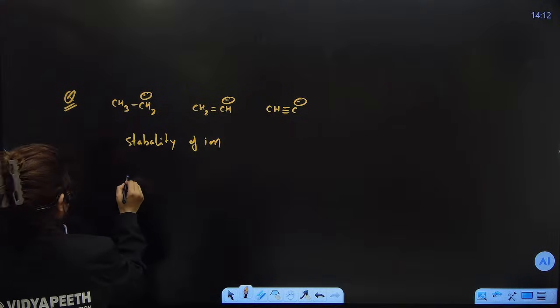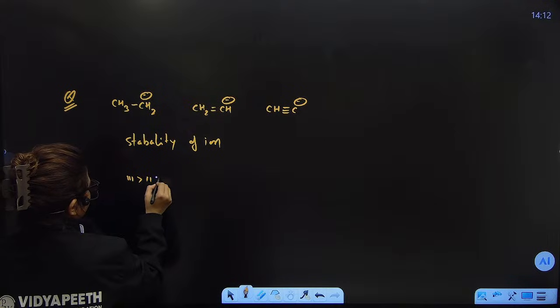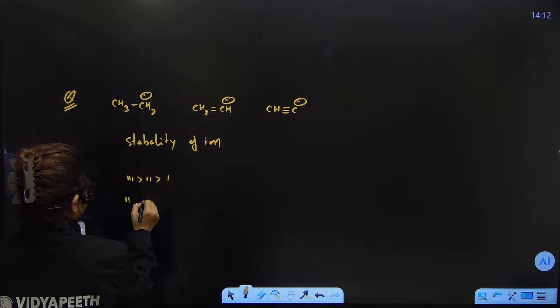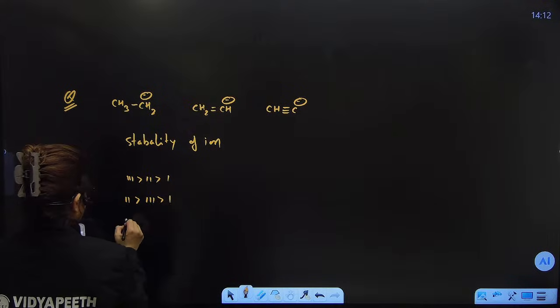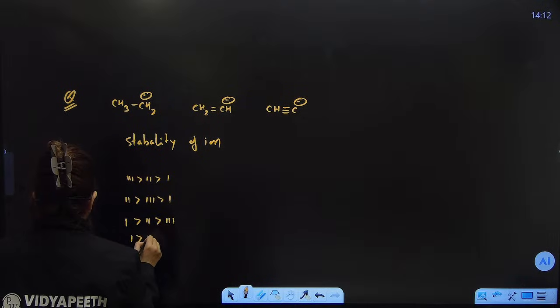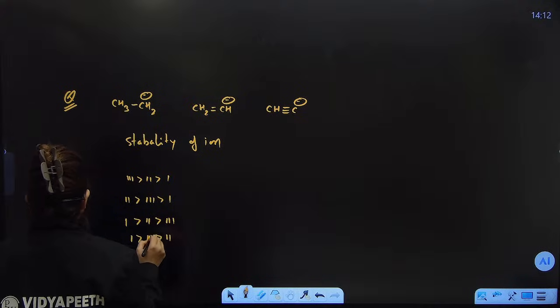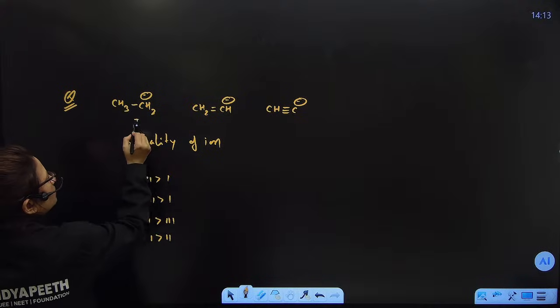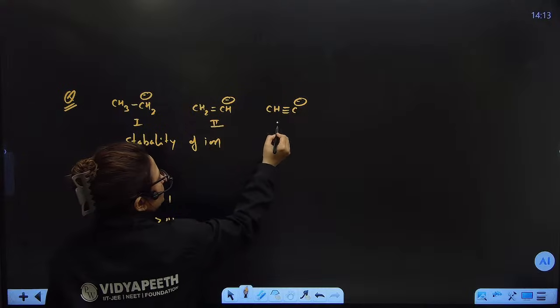The options given are 3, 2 and 1, then 2, 3 and 1, then 1, 2 and 3, and then 1, 3 and 2. This is your 1, that is 2, and this is 3.